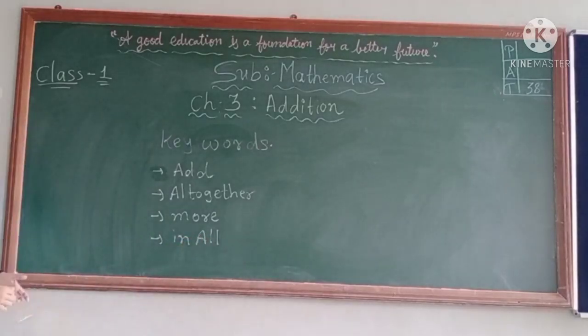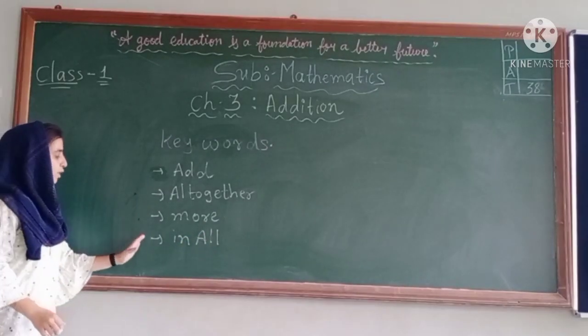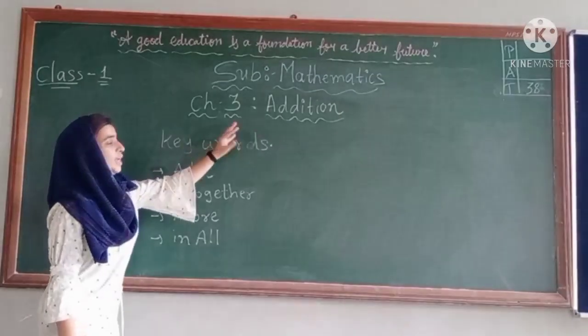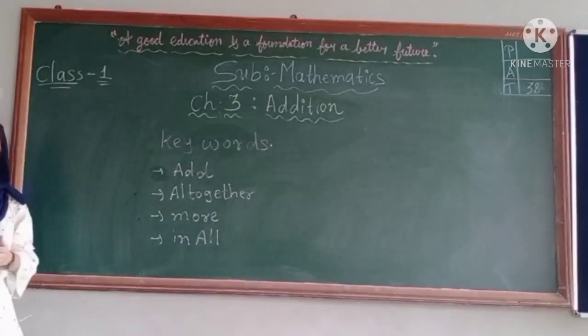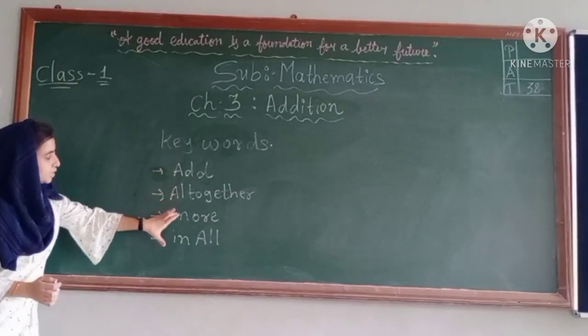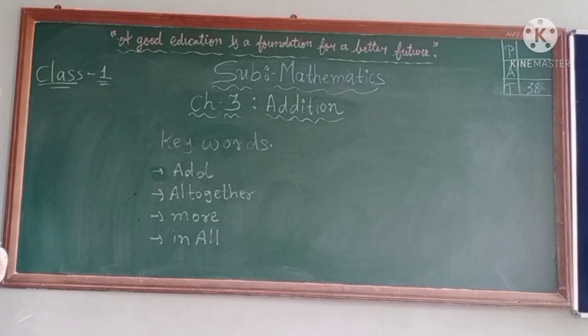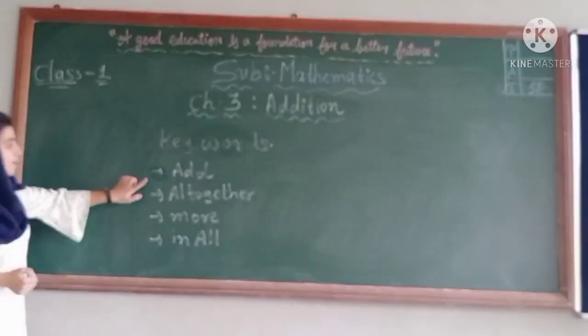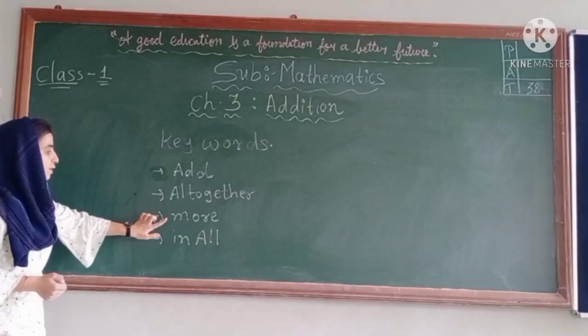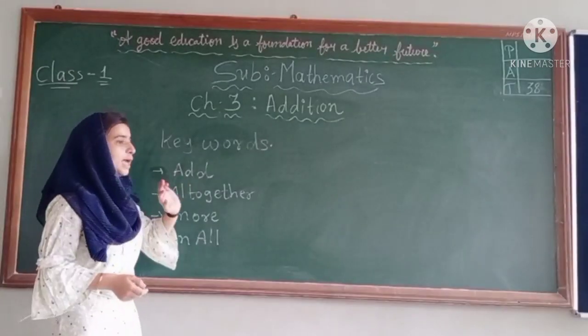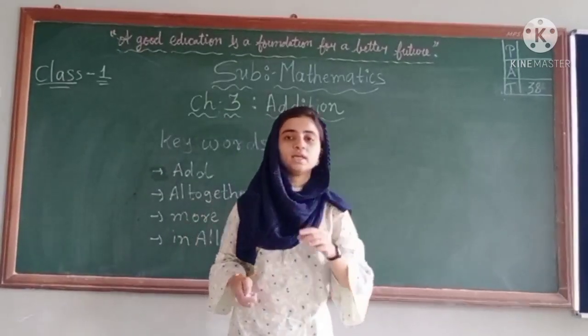Right, so these are the keywords which you use for doing addition. Generally addition के लिए ये words use होते हैं। Yes or no students, are you getting my point?